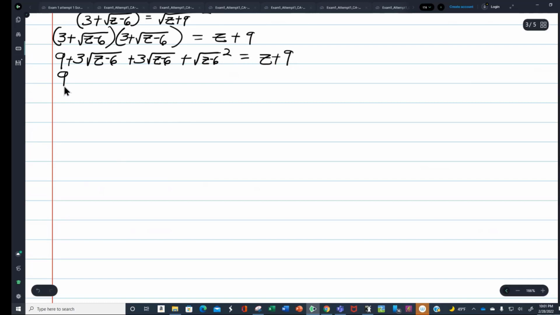So we're going to have 9 plus 6 times the square root of z minus 6. Right, I've got 3 square roots plus another 3 square roots. That gives me 6. And then plus z minus 6 equals z plus 9.